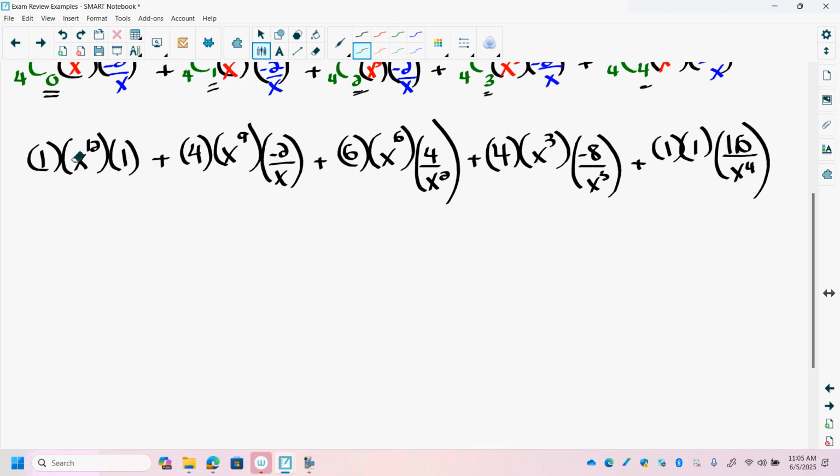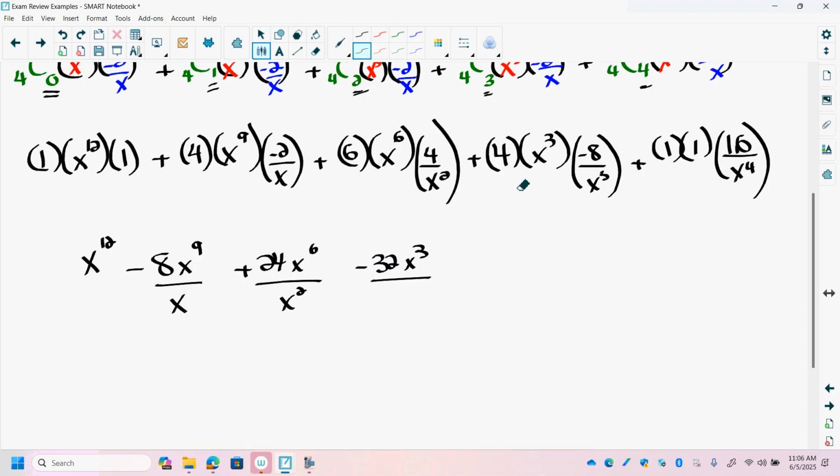Multiply. 1 times x to the 12th times 1, x to the 12th. 4 times x to the 9th times negative 2, negative 8x to the 9th over 1 times x. 6 times x to the 6th times 4 is 24x to the 6th. 1 times x squared is x squared. 4 times x cubed times negative 8 is negative 32x cubed over 1 times x cubed, x cubed.